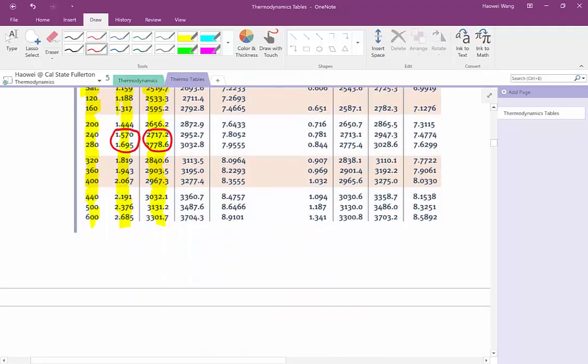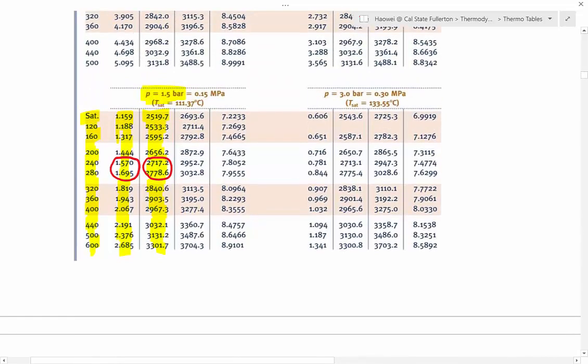Our nu is 1.673, and it's somewhere between those two highlighted numbers, 1.570 and 1.695. So what should be our temperature? It must be between the two corresponding temperatures, 240 and 280. And again, we just perform interpolation, and then you can find a corresponding temperature.